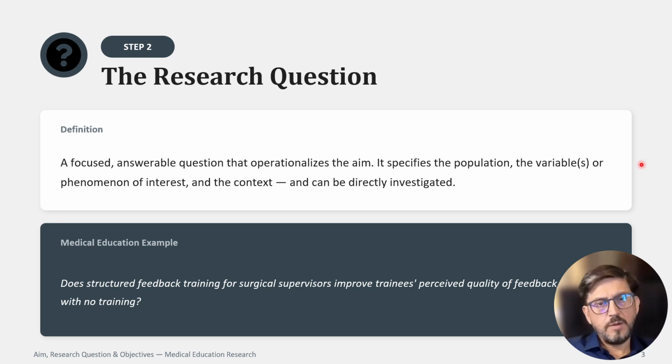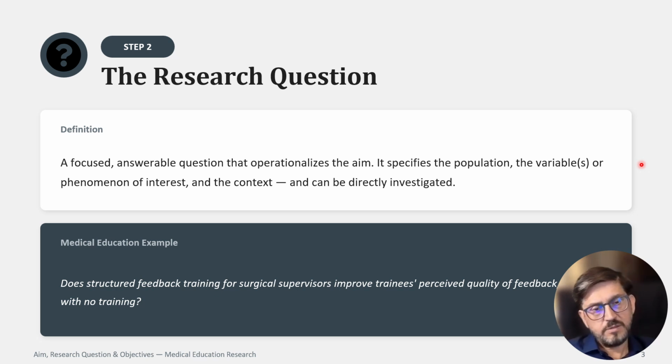So I hope you're clear about the research aim. The research question is a focused, answerable question that gives meaning to the aim. It operationalizes it. And a research question, depending upon the research design, is written, designed, or developed differently for every research design.